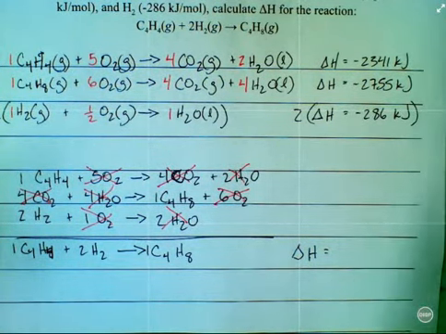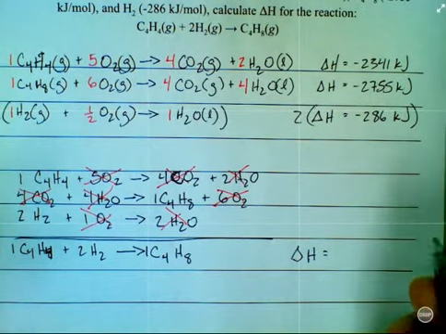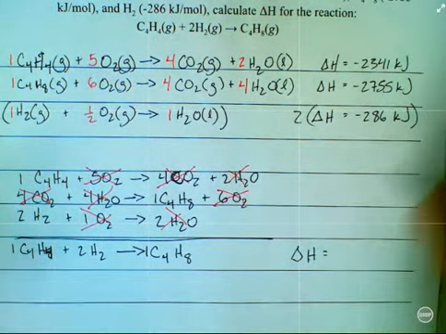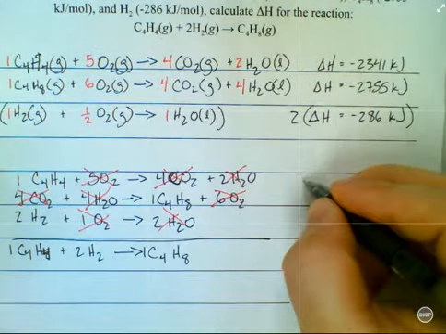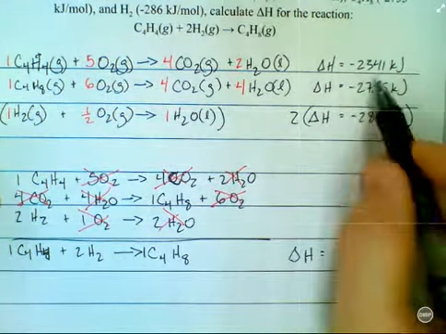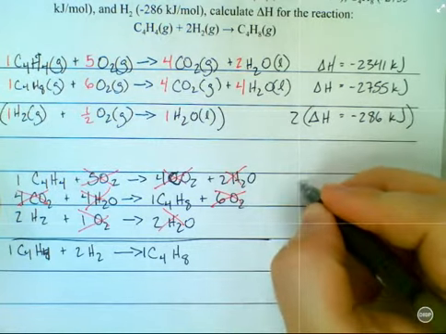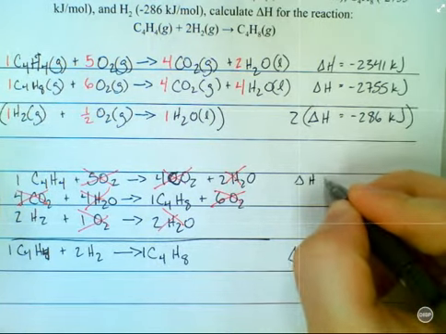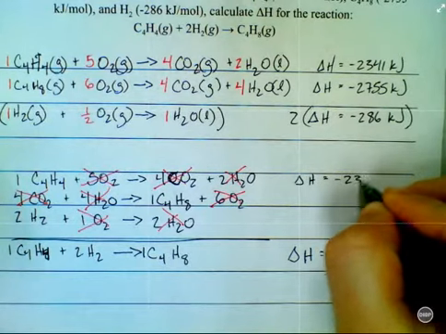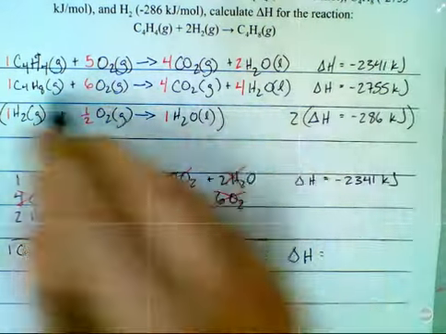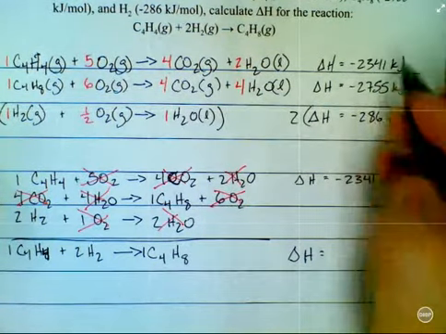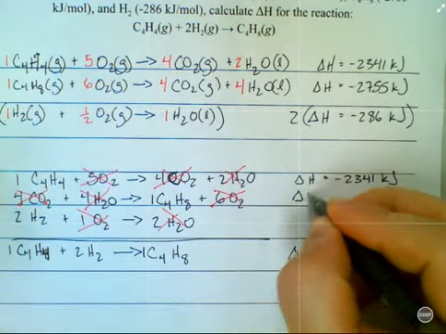It doesn't matter how you got there. There is no difference between the sum of the steps and the final product. So for now, I didn't do anything to this initial equation, so that delta H will stay the same. I did flip this second equation, so this will become a positive value.